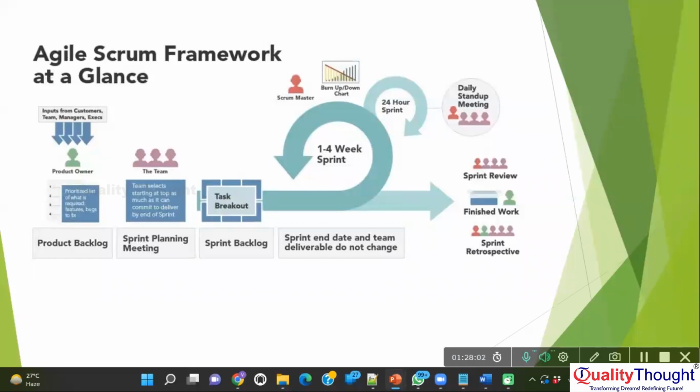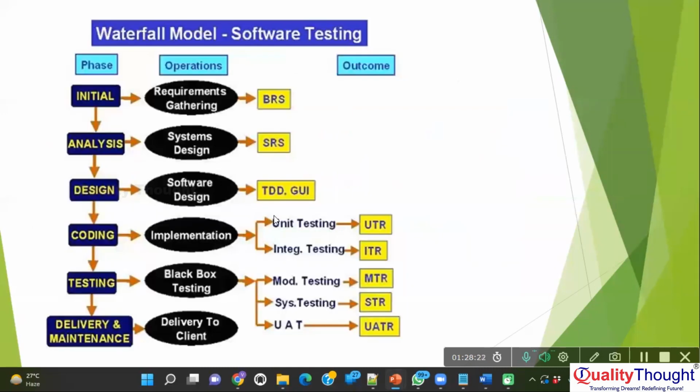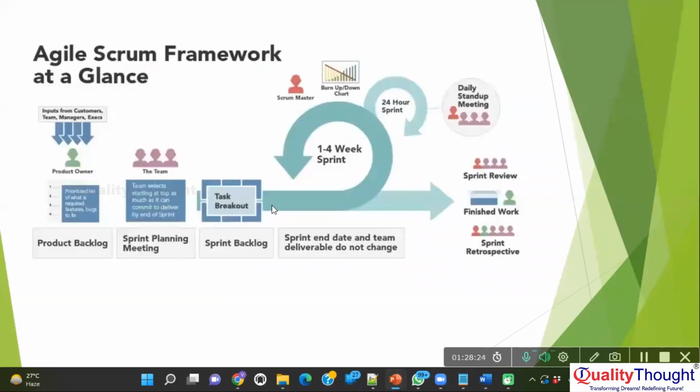I'll tell you what the advantages and drawbacks of the waterfall model are, and why people have shifted from the waterfall model to the agile model. The concept is the same, whether you are working in the agile model or the waterfall model. You have the analysis, requirement, design, development, testing, and integration. But here the delivery is much faster.